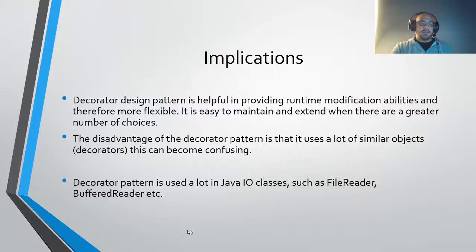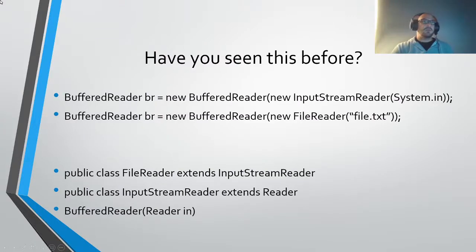Let's take a look at this. Okay, so we've seen that before in the buffer reader. So your buffer reader class receives a new input stream reader system in, and that's when you're reading from the keyboard, but it receives a new file reader when you're reading from a text file. So the pattern that has been implemented in here is the decorator pattern.